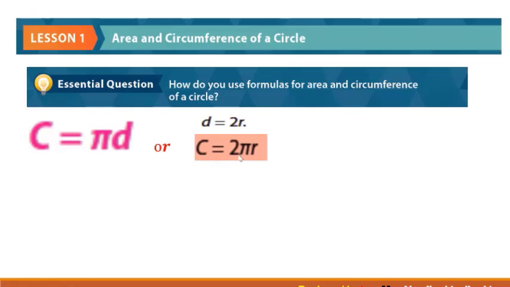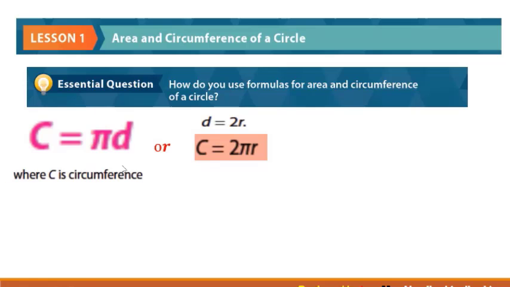The first formula we have for the circumference is C equals pi D. So we have another formula. If we exchange D, I told you before, the diameter is 2R, meaning 2 radii. So C equals 2 pi R. I replace D with 2R.